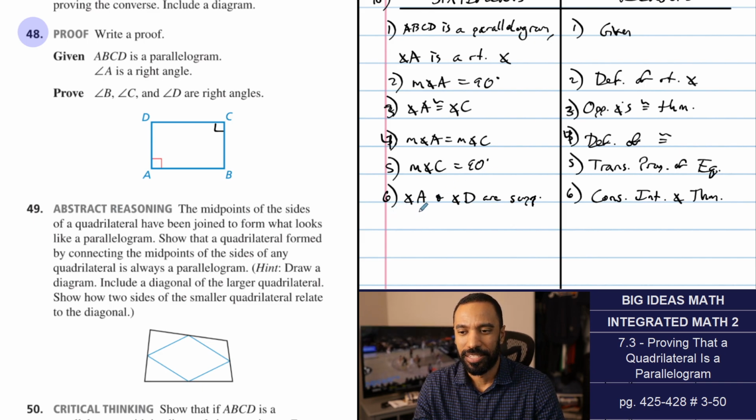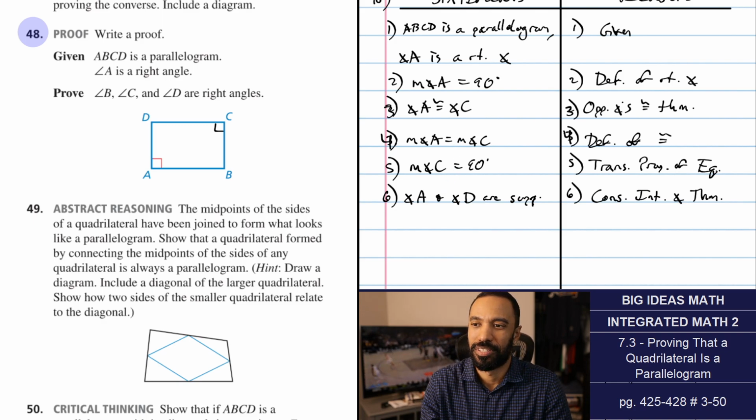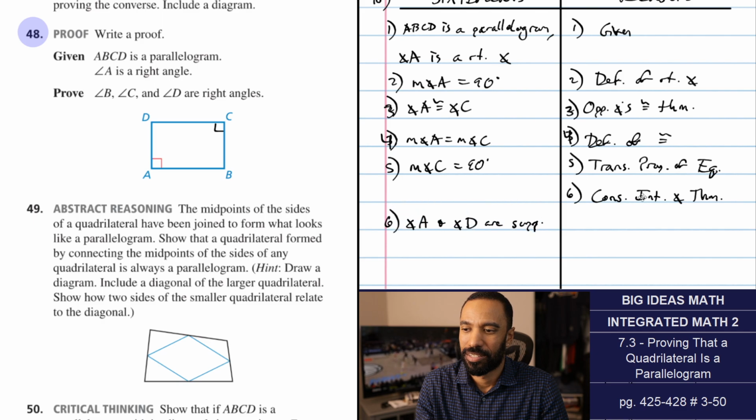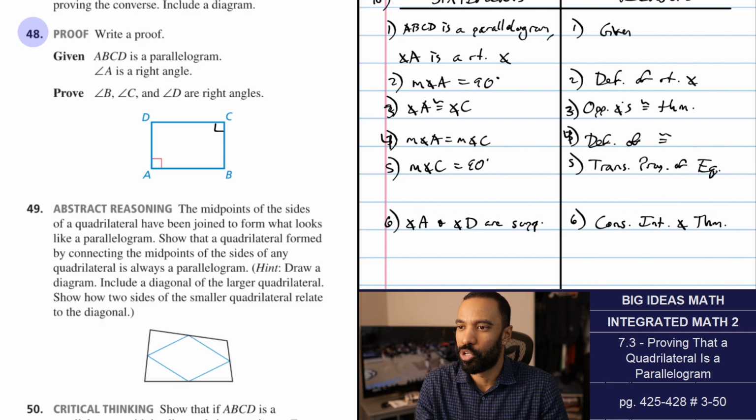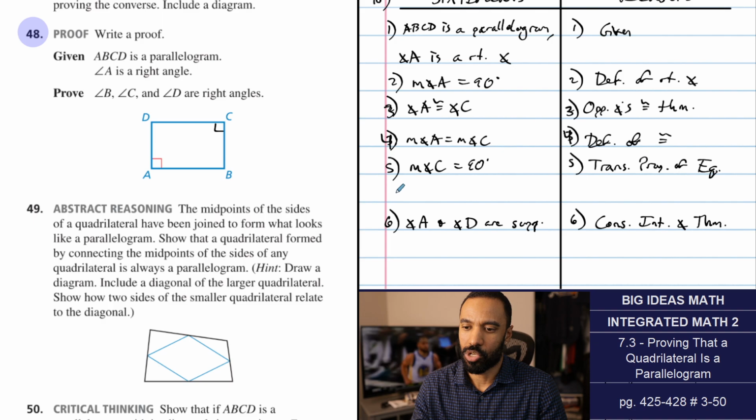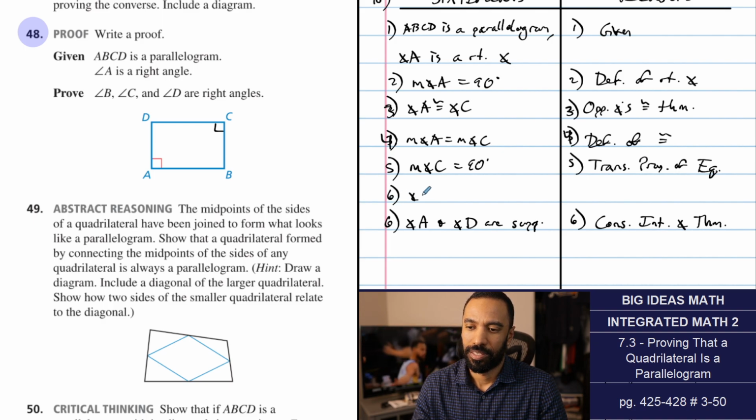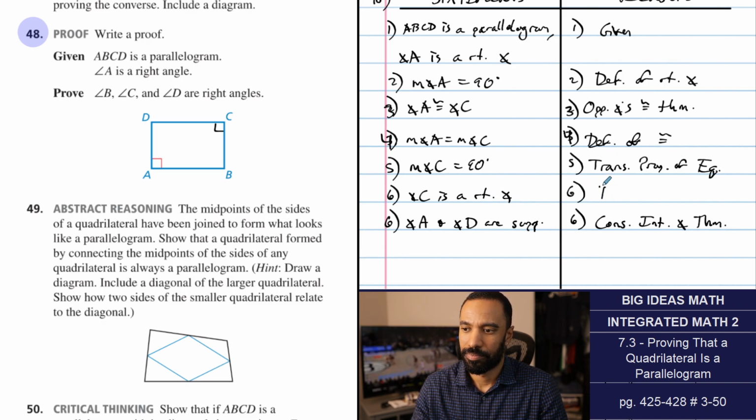Maybe I could just do it with C. Ugh, it's just a lot that I'm stating here. How about this? Let's do C as a right angle now, by definition of right angle.